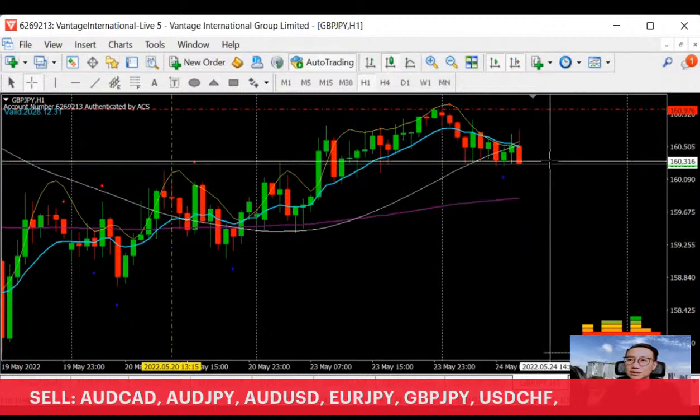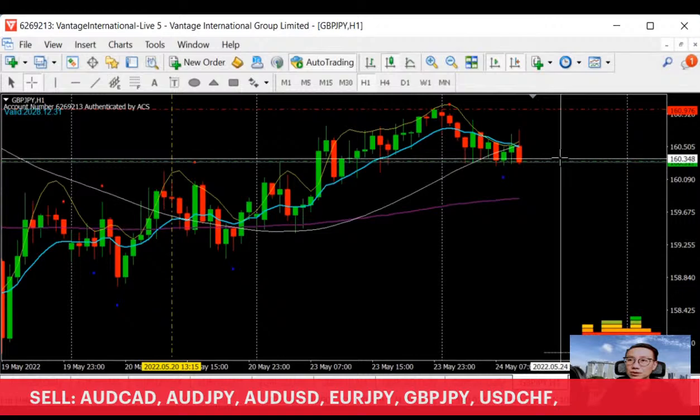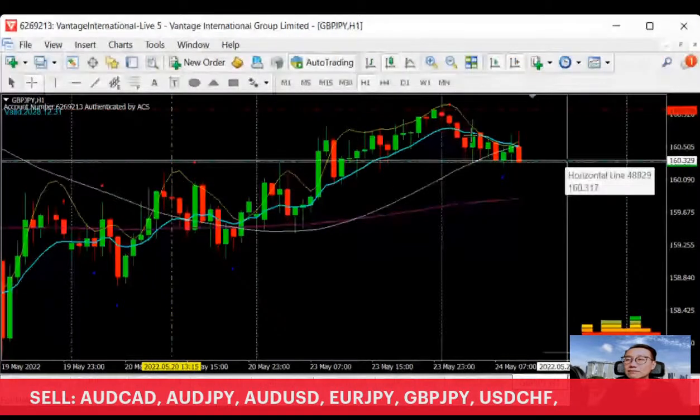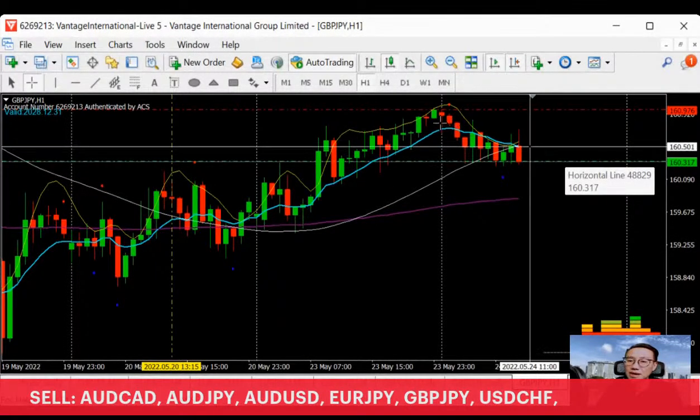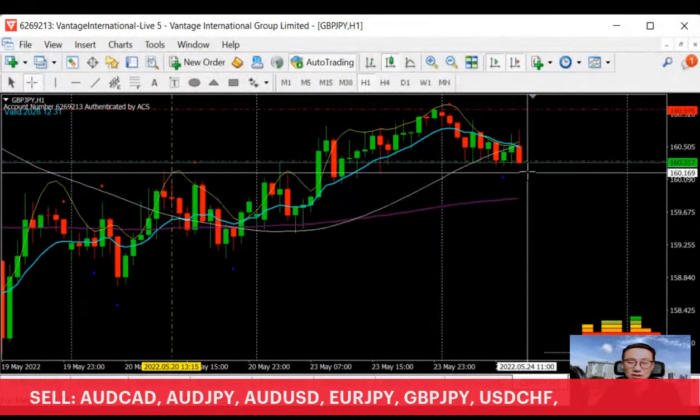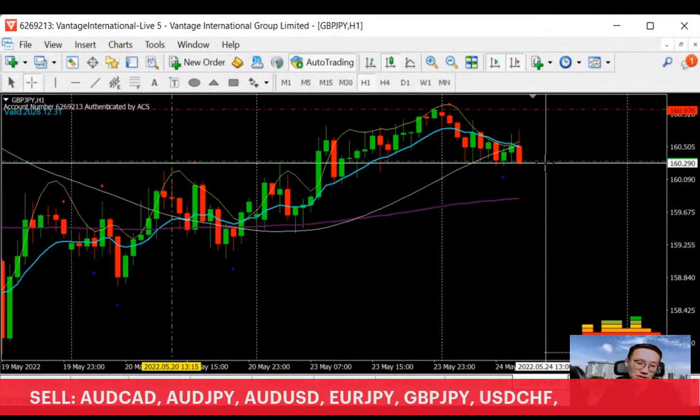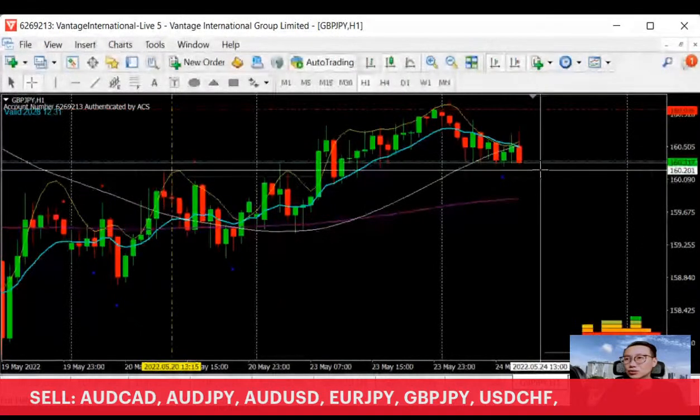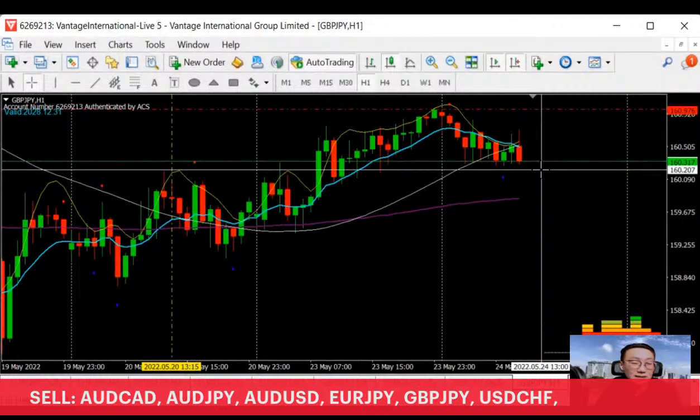I plotted the support area, the support line level over here, and the red candle is actually bypassing the support line that I plotted. Do you read this as a breaking? Some may say yes, it is breaking. Some may say it's a false breaking.